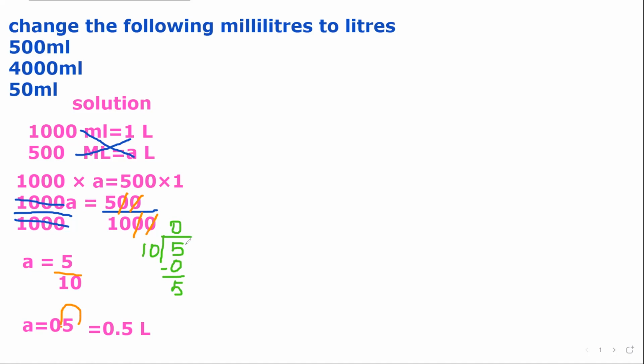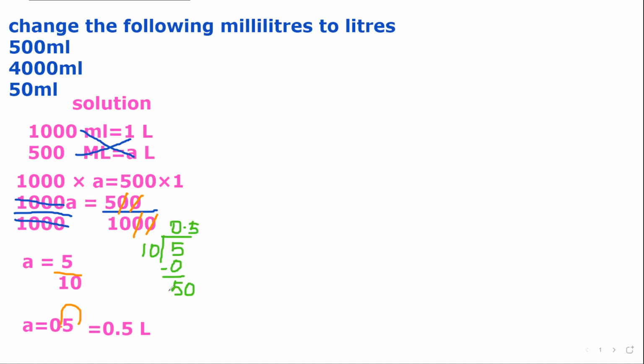The next day, because there's nothing to drop down here, there's no number here to share, then you call for what? A point. The point will be added, and 0 added to this one. Then the number is now sufficient to share among the 10. Then sharing 50 is 5.